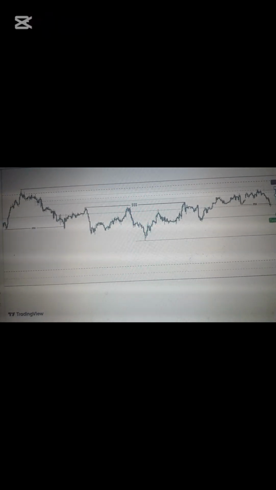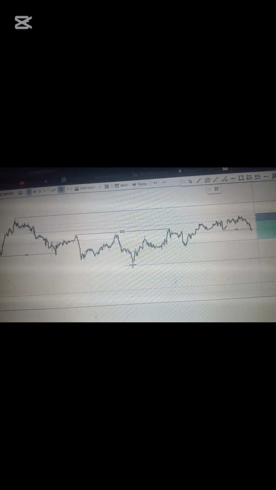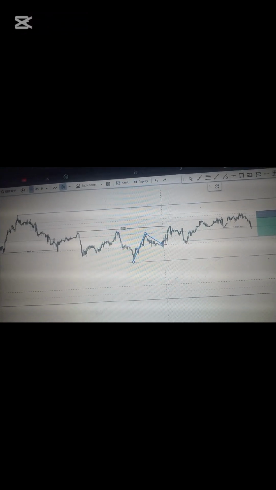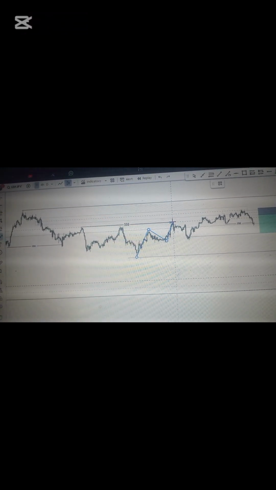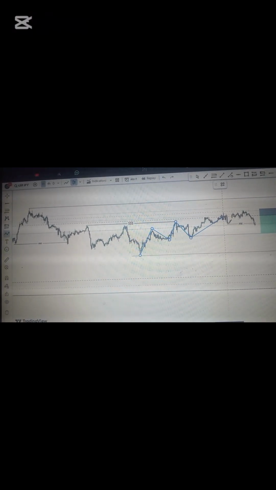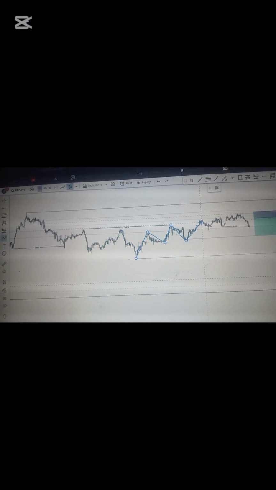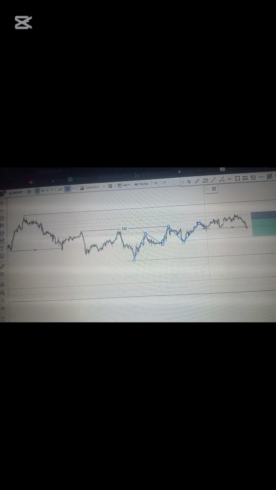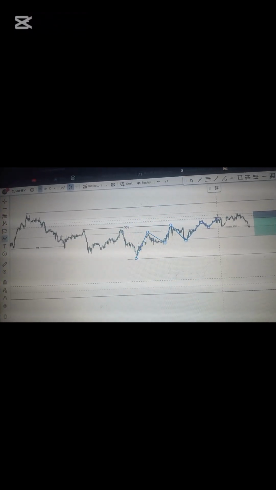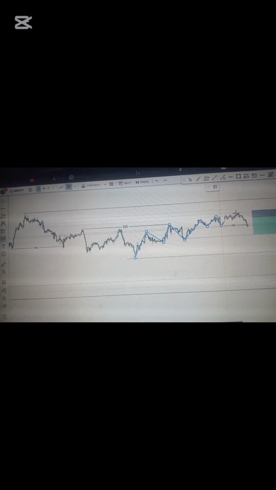So now this is our lower high. Let me bring this my 2 so that you will actually see this clearly. So you see our lower high, higher high, lower high, higher high, lower high, and higher high, lower high, higher high, lower high again, and higher high.